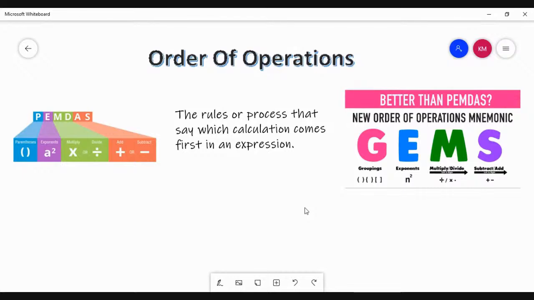For parentheses, we have grouping. For exponents, still exponents. Under the umbrella of multiplying and dividing, you have the letter M. And under the umbrella of adding and subtracting, you have the letter S.